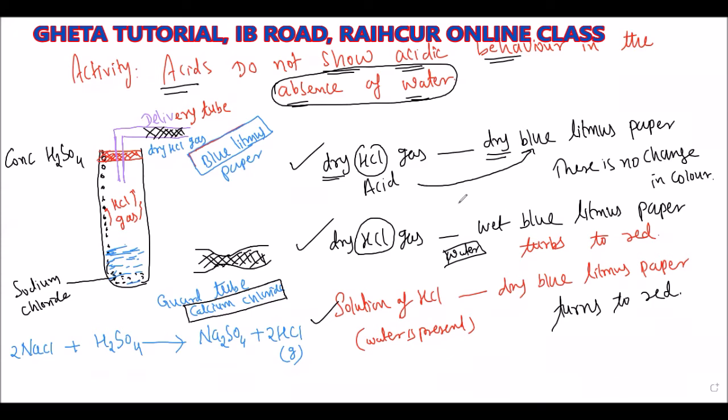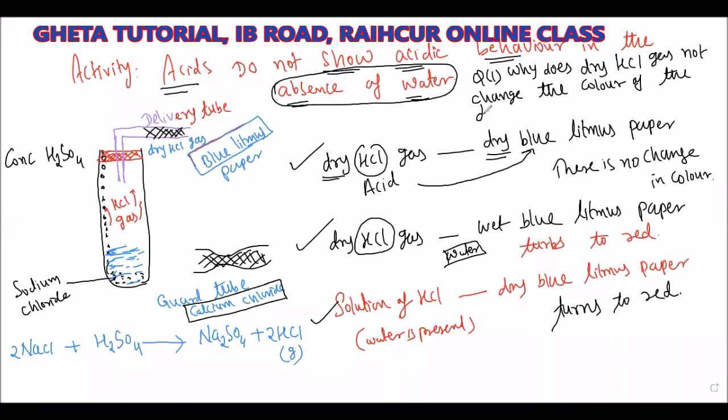So in the textbook, there is one question. What is the question? Why does dry HCl gas not change the color of the dry blue litmus paper?